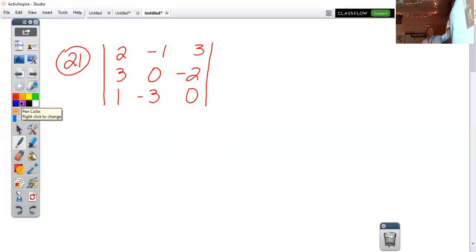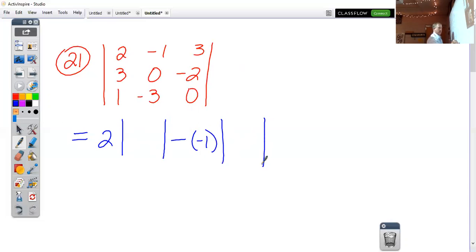I don't have enough room this way, so I'm just going to put equals down here. You basically take these top 3 numbers. Everybody got me? And you're going to say 2 and make a little matrix, minus -1 plus 3, and you make a little matrix. I should say the determinant matrix.